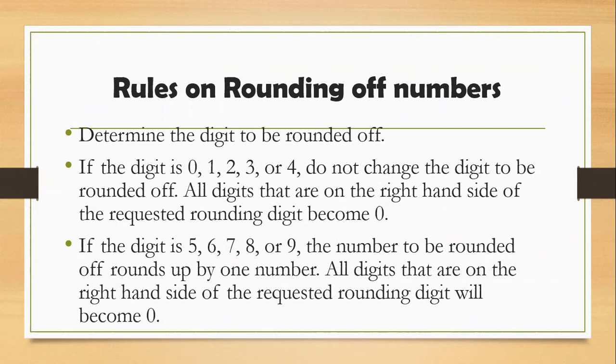All digits on the right-hand side of the requested rounding digit become 0. If the digit is 5, 6, 7, 8, or 9, the digit to be rounded off rounds up by one. All digits on the right-hand side of the requested rounding digit will become 0.